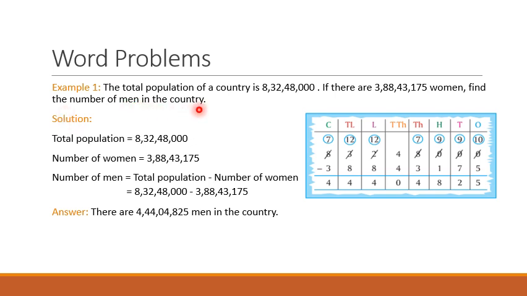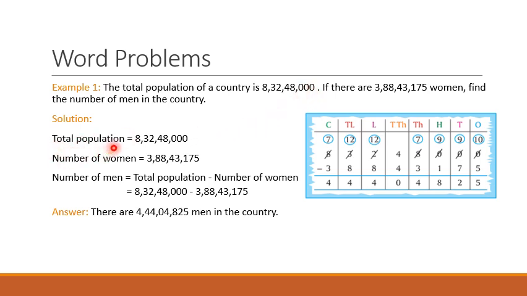So in this problem, the total population is given and the number of women is given. So to find the number of men, we have to subtract the number of women from the total population of the country. So now let's see the solution.